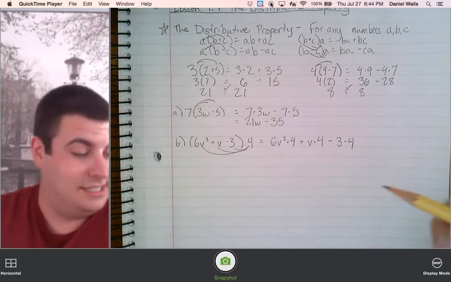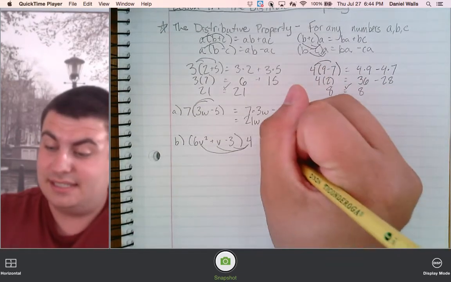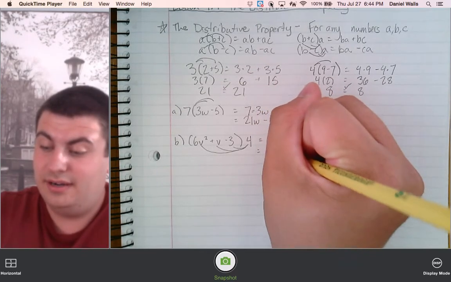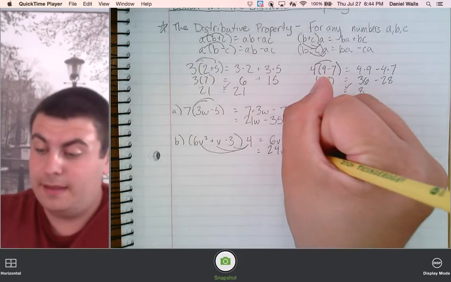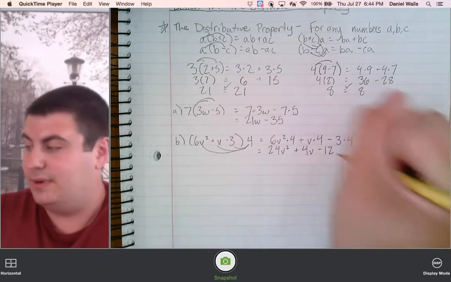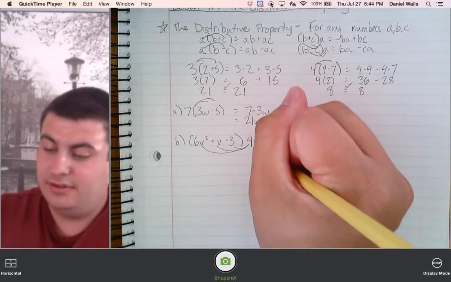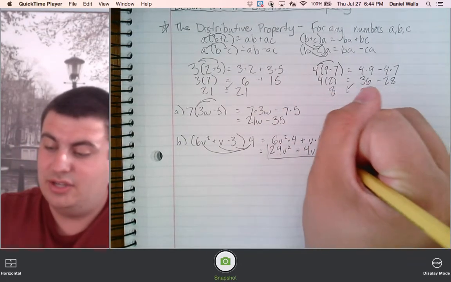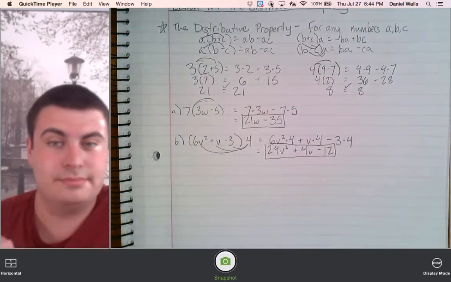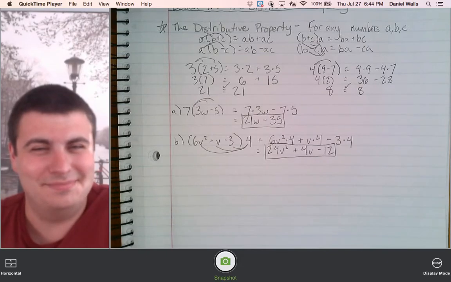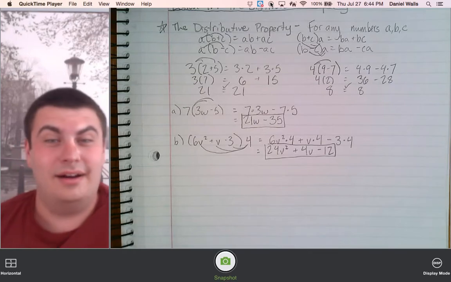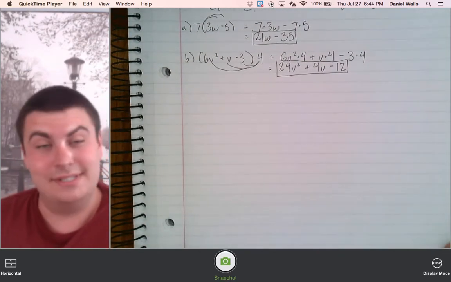We simplify each term: 6 times 4 is 24v squared, plus 4v, minus 12. And there we go, we have simplified using distribution. Why don't you try one by yourself? Alright, welcome back. I hope that was successful.